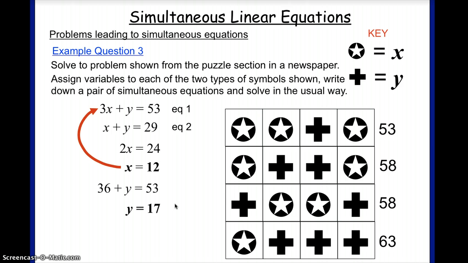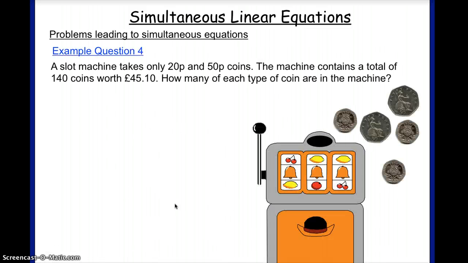The last word problem is this machine. A slot machine takes only 20 pence and 50 pence coins. The machine contains a total of 140 coins worth 45 pounds and 10 pence. How many of each type of coin are in the machine? Now, we need to represent variables for the 20 pence and 50 pence because there are only two types of coins.